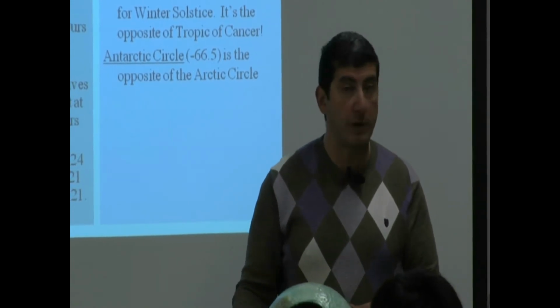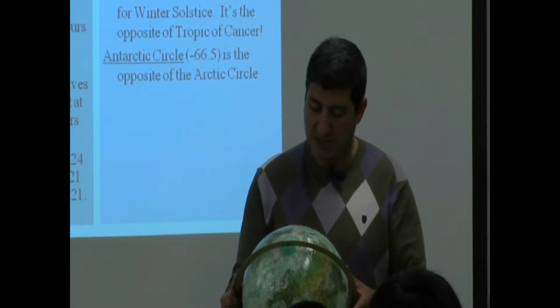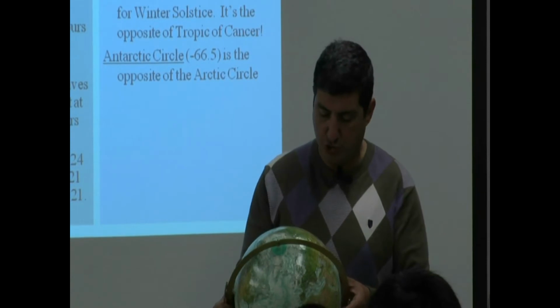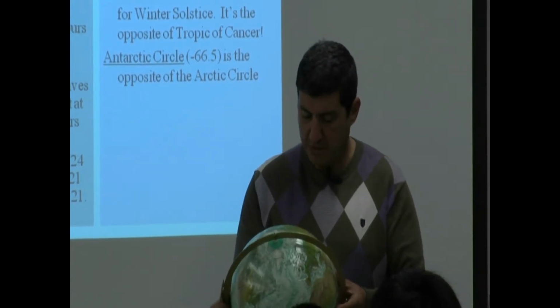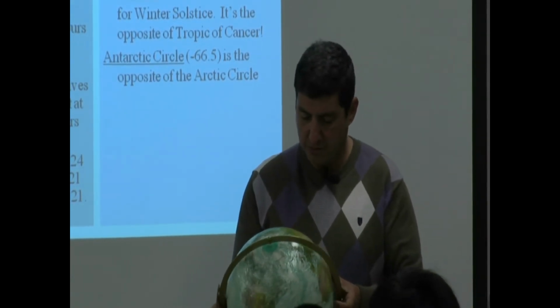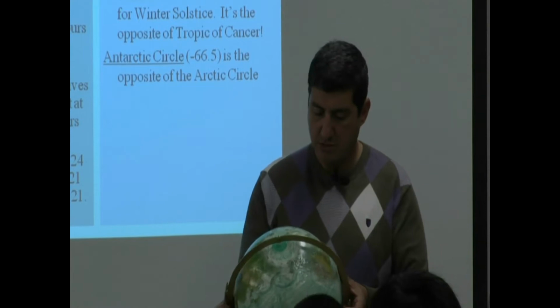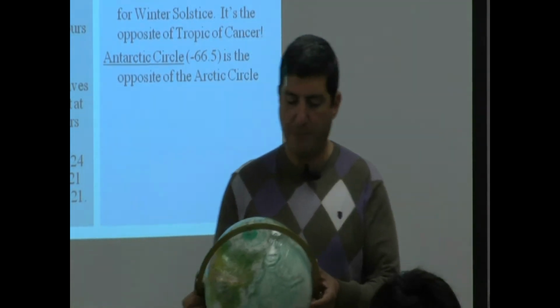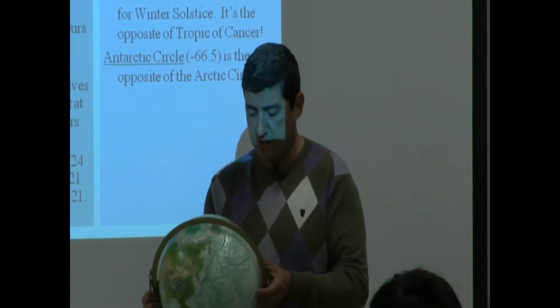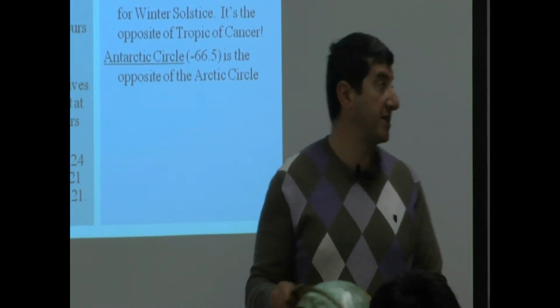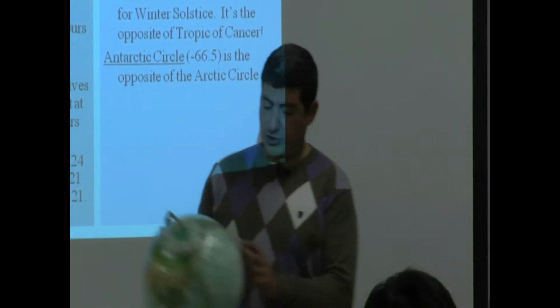It goes through Hawaii. Actually, Hawaii is close to the Tropic of Cancer, a little below it. Then it goes through Taiwan, India, Saudi Arabia, Egypt, and goes through the top part of Africa, goes through Cuba, and then back to Mexico City. That's the Tropic of Cancer. Of course, the equator is in the middle.